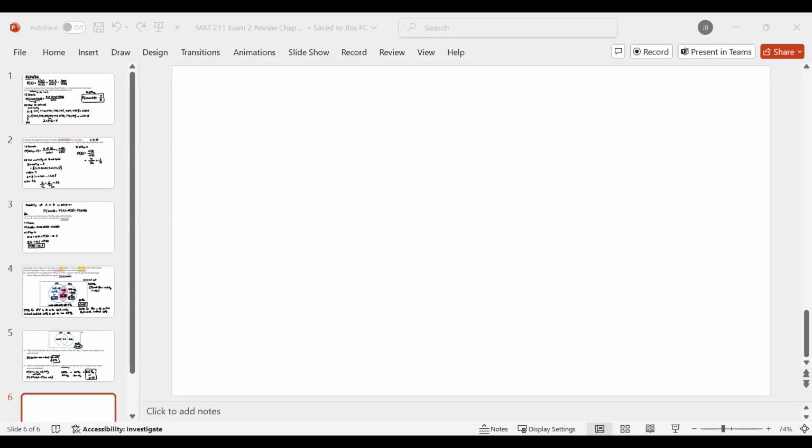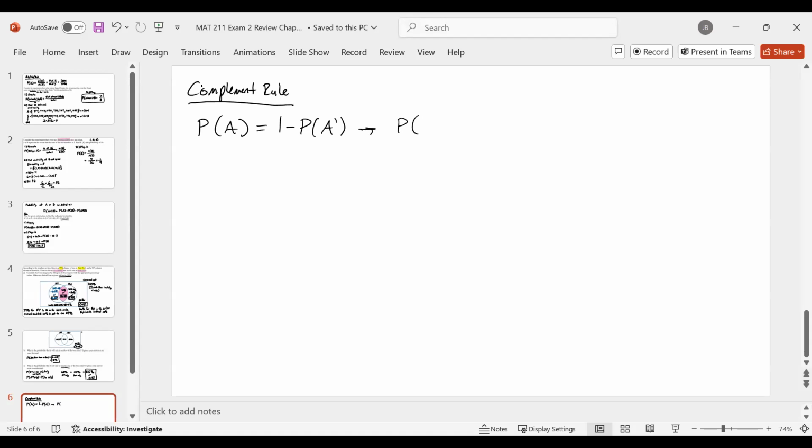All right, so before we do the last example from this section, I just want to remind you of the complement rule. The probability of A is equal to 1 minus the probability of not A. So the probability of heads is equal to 1 minus the probability of tails, the opposite.